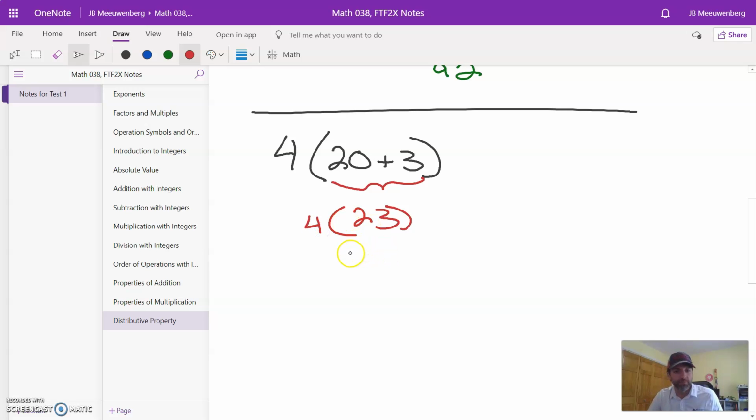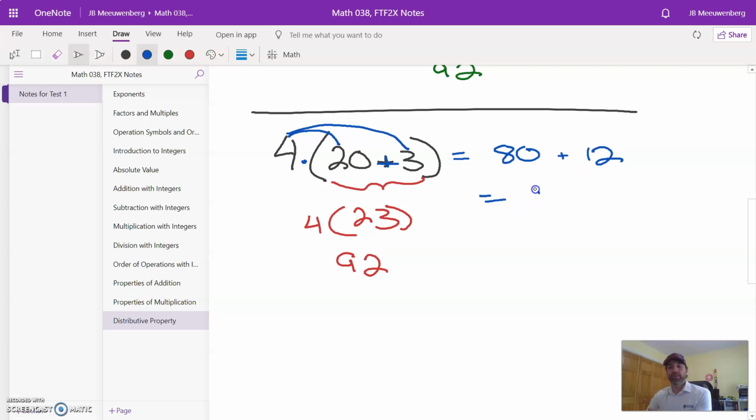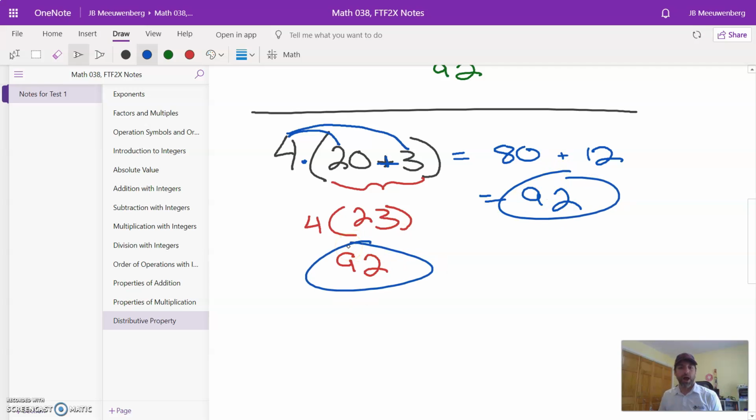And you could do that, which would give you 92. Or, and this might be easier, you can distribute the 4. Remember how I said it's often multiplication over addition? 4 times 20 is 80. 4 times 3 is 12. And 80 plus 12 is 92. Alternatives for doing the same problem.